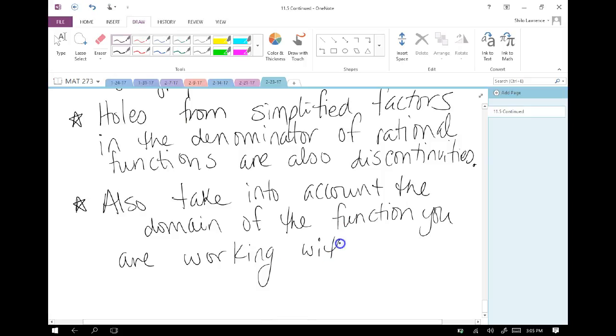Since this definition involves limits, we need to take a step back and talk about limits real quick. And then we'll do a continuity problem, and then we'll be done.